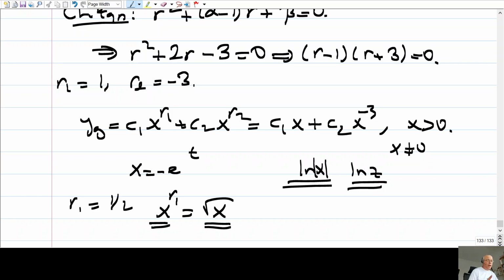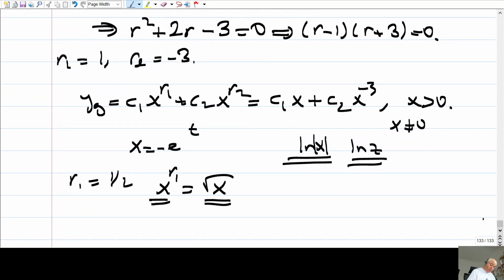But actually, you are right. We may consider negative x values, and actually, in general, complex values for x. So not just the positive x-axis, but all the complex numbers except 0.